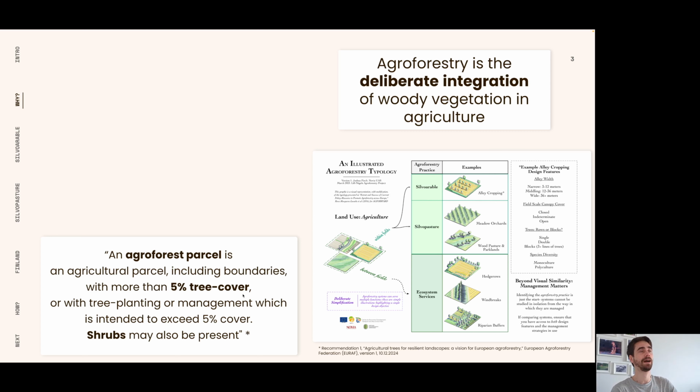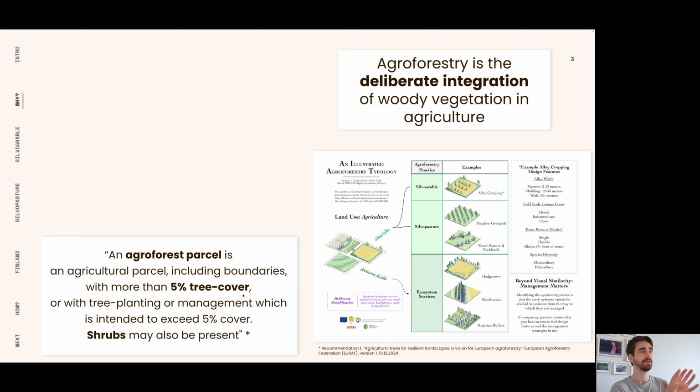And then finally, I highlighted the word shrubs. So shrubs are bushes. Usually they're multi-stemmed, but they're smaller than trees. Shrubs may also be present. Shrubs are also a woody group of species, and shrubs can play a very important role in our Finnish context because we have very limited light resources, and if we only think about which kinds of trees we would want to bring in, we can quickly start to have too many trade-offs and we don't get useful integration from the agroforestry practice.